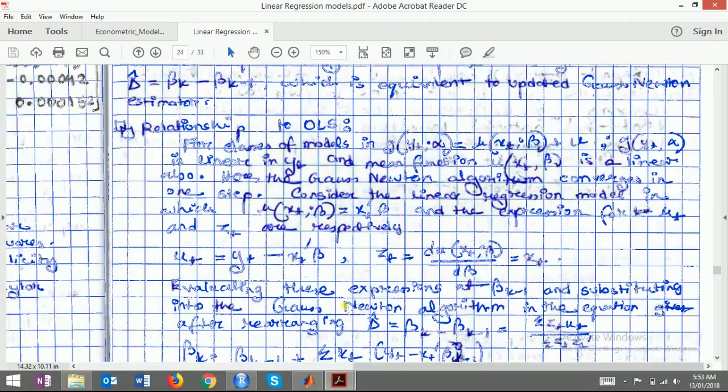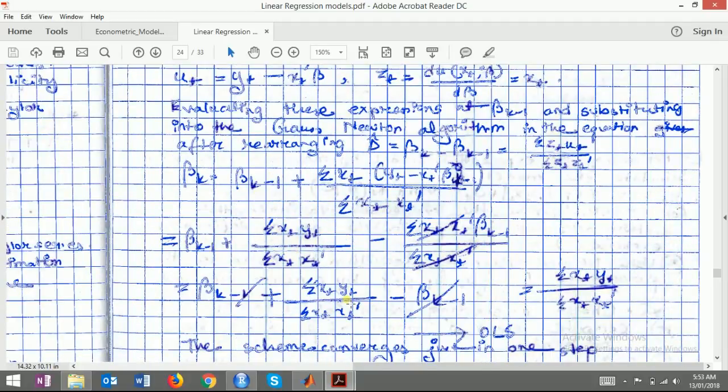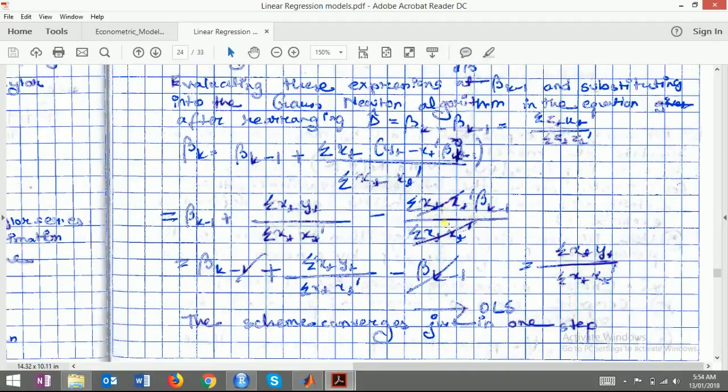We have beta k equals beta k minus 1 plus the summation of xt times ut, divided by xt xt transpose, or xt yt minus beta k minus 1 xt transpose. With two simple calculations these cancel, beta k minus 1 goes out, and we have the sum of xt yt divided by the sum of xt xt transpose. So from zt we have xt.